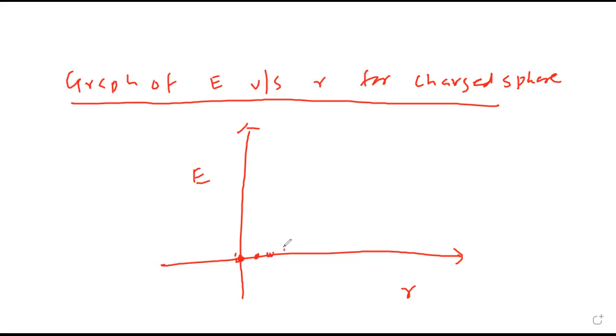Till r becomes radius, there is no intensity. As soon as it becomes radius, E becomes maximum, which is 1 upon 4 pi epsilon naught, q by R square. And then it is inversely proportional to r square. Graph clear?